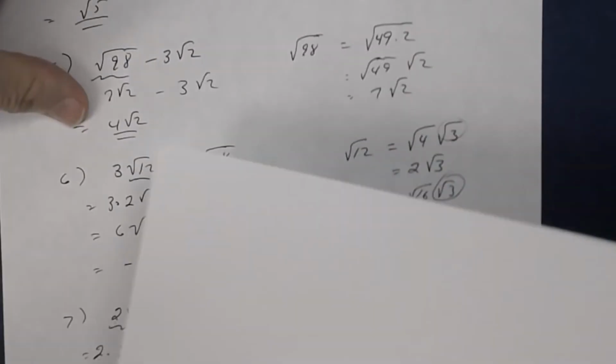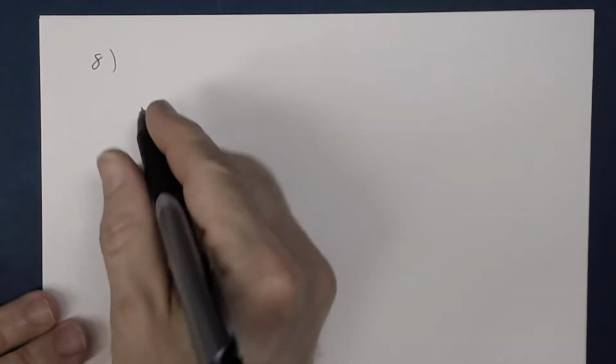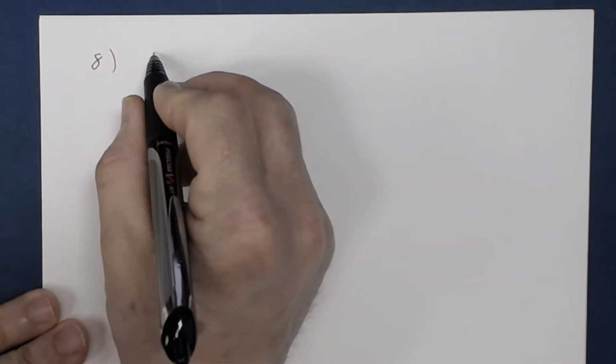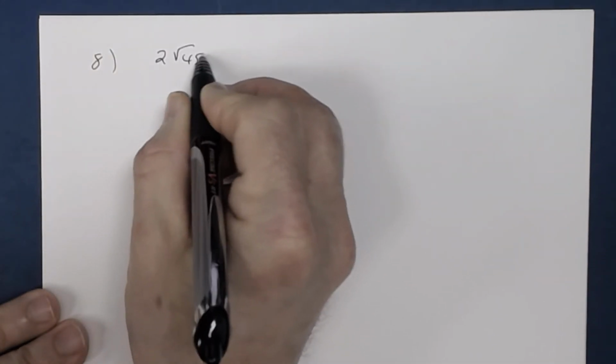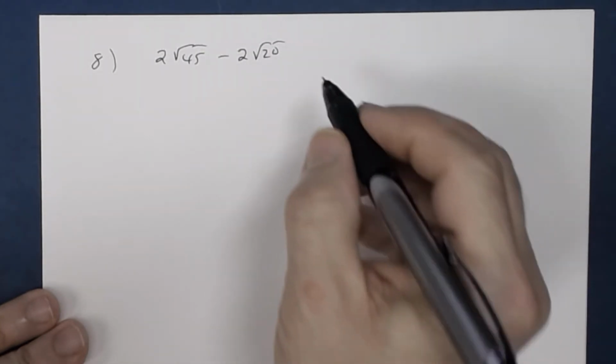Number 8, let's suppose we had 2 square root of 45 minus 2 square root of 20. Okay?